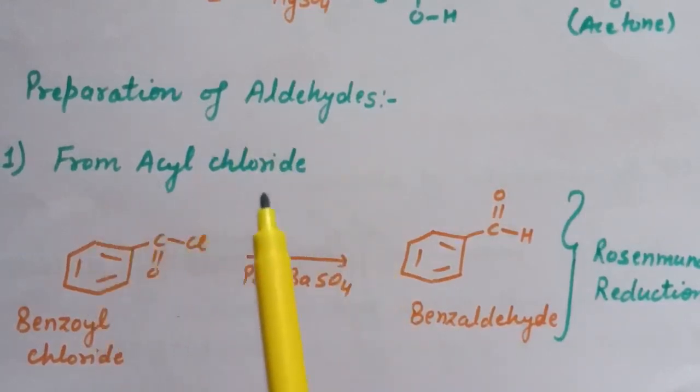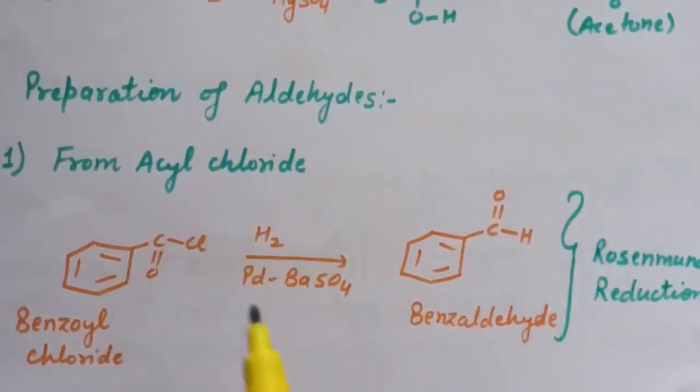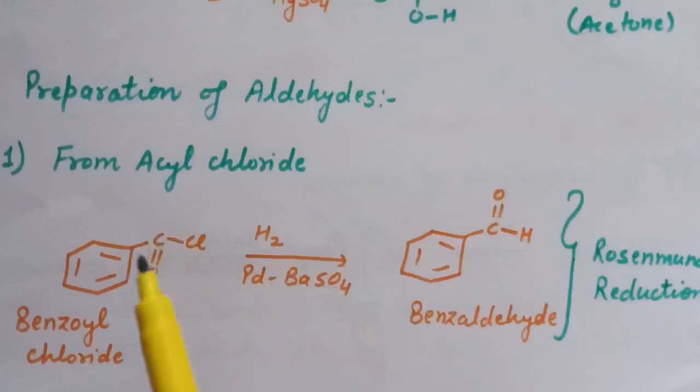Now next are methods for the preparation of aldehydes. First is from acyl chloride. Acid chloride or acyl chloride is hydrogenated over a catalyst, that is palladium on barium sulfate, and this converts to CHO. The name for this reaction is Rosenmund reduction. Here benzoyl chloride is treated with hydrogen on palladium barium sulfate.